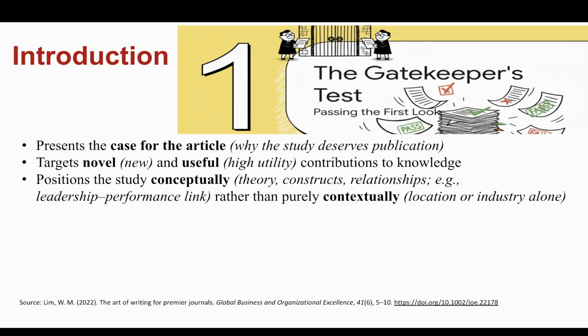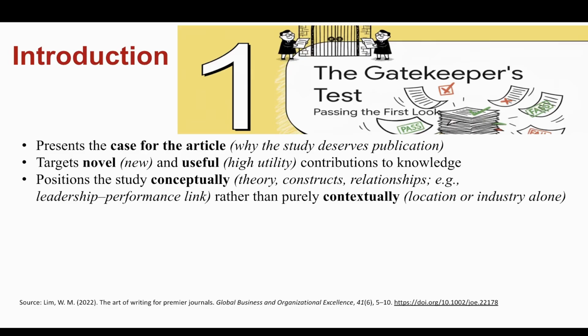They replicate the completely same study in a different location. Let's say if some study has already been done in the United States, they will copy the exact title and everything, and do it for some other country like the UK, Japan or China. So please note that the study should be conceptually strong. It should not be just a contextually different study.